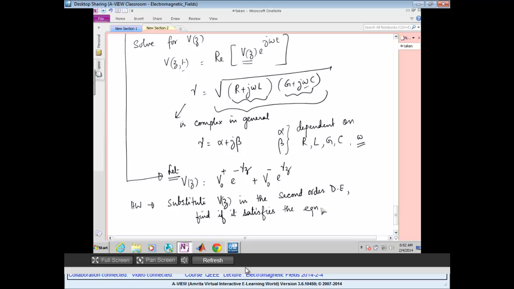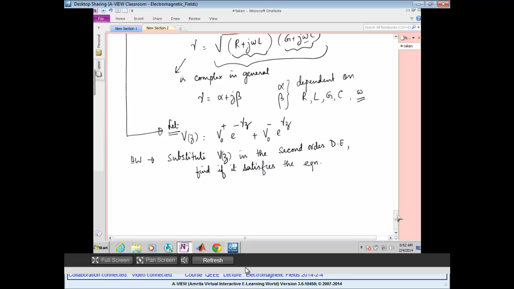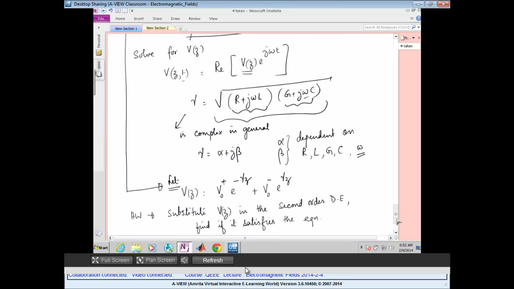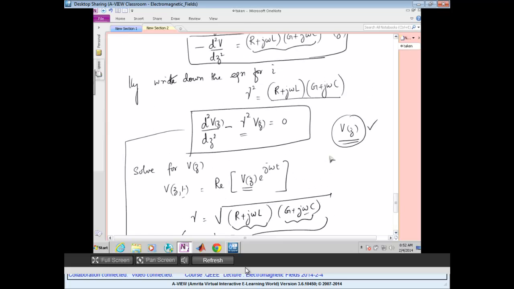So I leave this as a homework for you: go ahead and substitute this. In fact, you would realize that even if I just take one term, it might still satisfy. Just check whether you can satisfy this equation with one term, whether you need the second term, or whether you need a linear combination of these two terms to satisfy this differential equation.